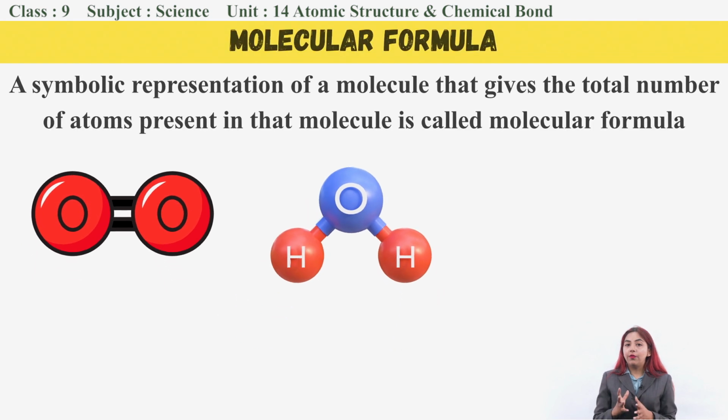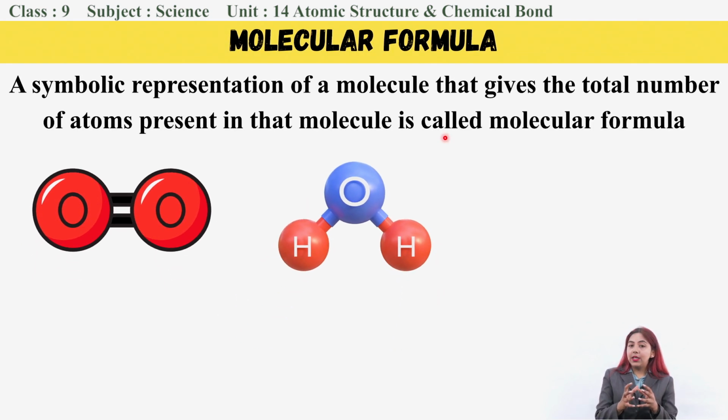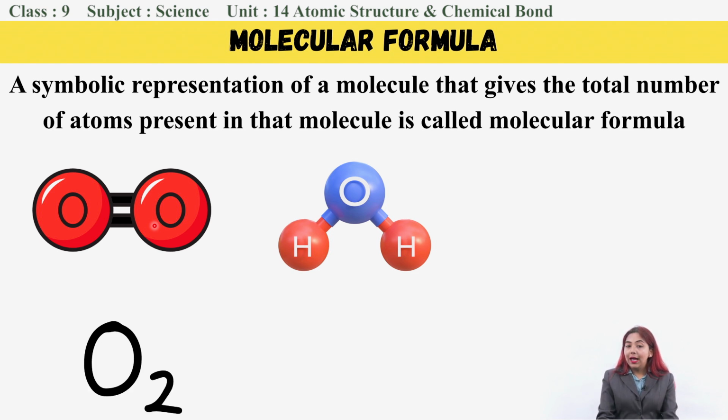So what is a molecular formula? The symbolic representation of a molecule which also gives us the total number of atoms present in that molecule is the molecular formula. So it is a symbolic representation of the molecule. Now here we have an example of the oxygen molecule. The oxygen molecule has the symbolic representation, that is the molecular formula O2, and it also gives the total number of atoms present in the oxygen molecule, that is O2 means 2 oxygen atoms are present to form an oxygen molecule.